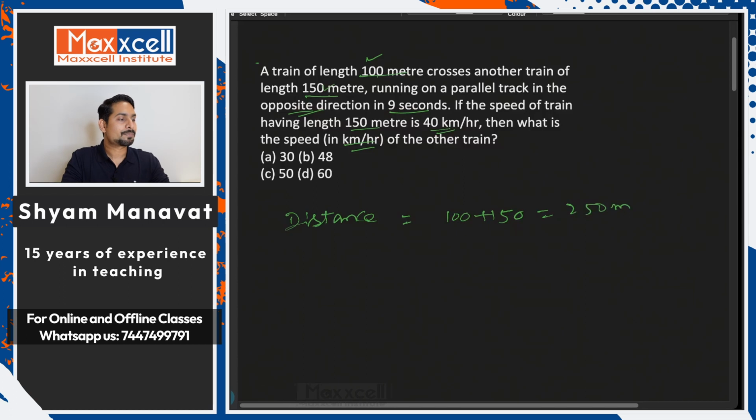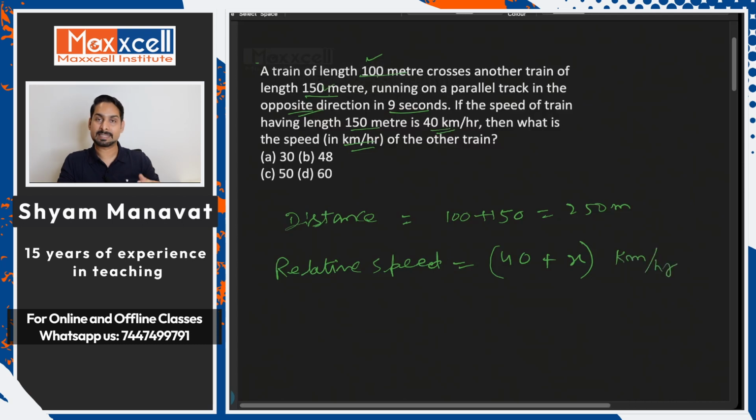Now, because the trains are moving in the opposite direction, we are going to consider relative speed. The relative speed here will be speed 1 plus speed 2, and the speed we need to find out, let me call it x, in kilometers per hour.